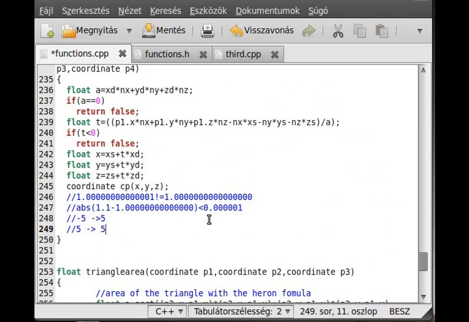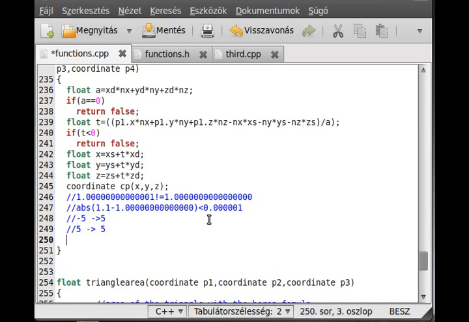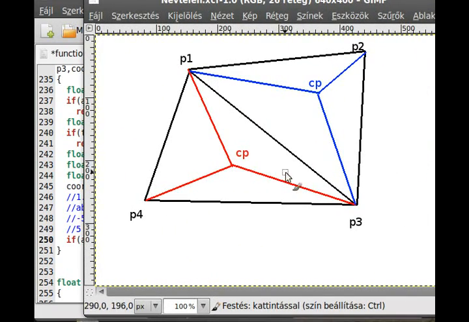Okay, so let's calculate it. First of all I put an if and then an absolute value, and then I get the main triangle's area. In this case, for example, P1, P3, P4.